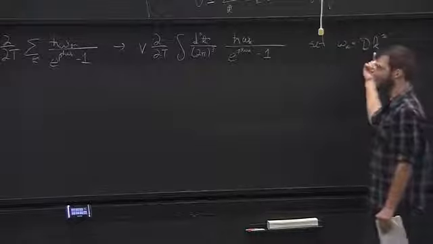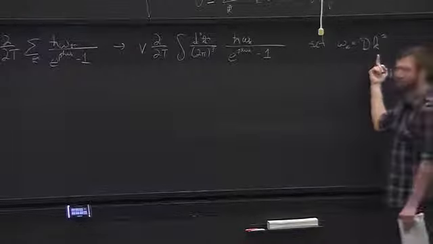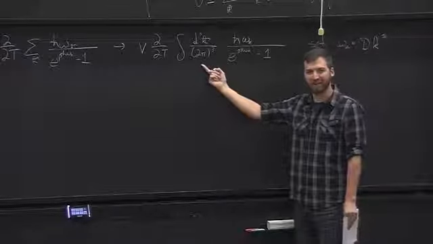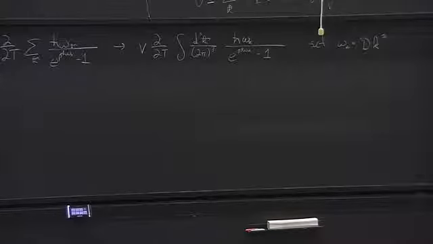Now, this is just the magnitude of the radial vector in k space. So again, I do the angular integral, I get 4 pi out of that. So 4 pi k squared dk, say.